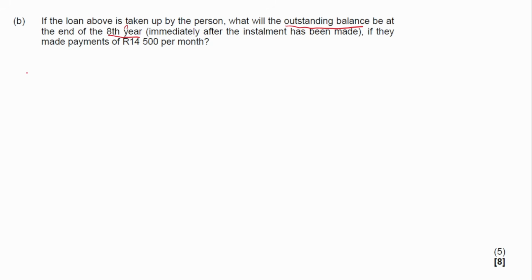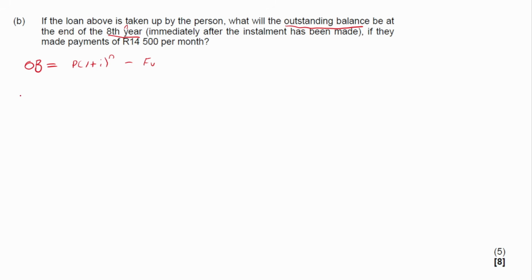As I said before, I will go into more detail on this in another video, but for now, you can memorize that the outstanding balance is equal to this formula over here. Whoops, it's actually equal to the principal loan amount times (1 plus i) to the power n, minus the future value of the payments. So you can memorize this formula. I will go into more detail explaining this.